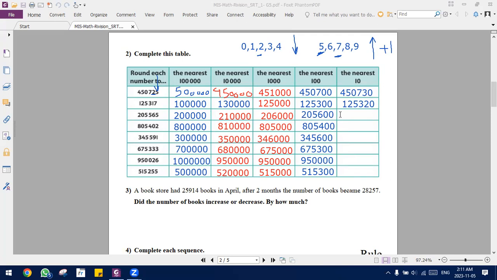Next one, 570. 402 will be 400. 591 will be 590. 333 will be 330. 26 will be 30. 255 will be 260.